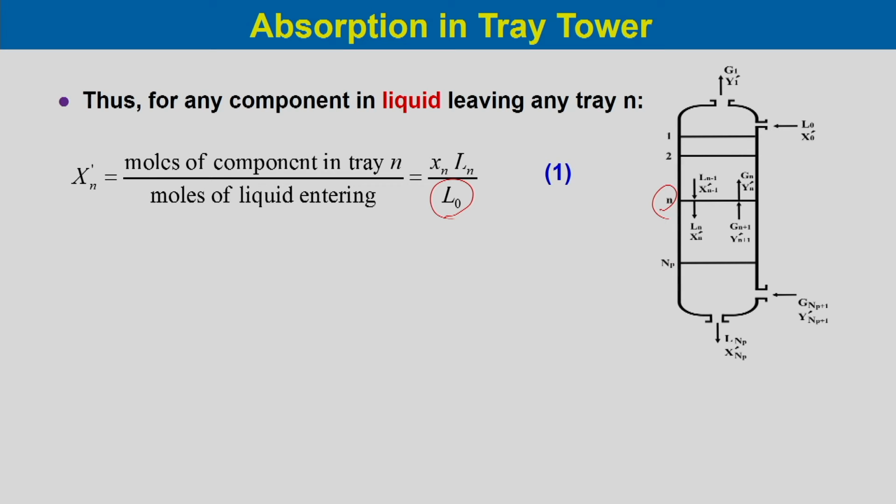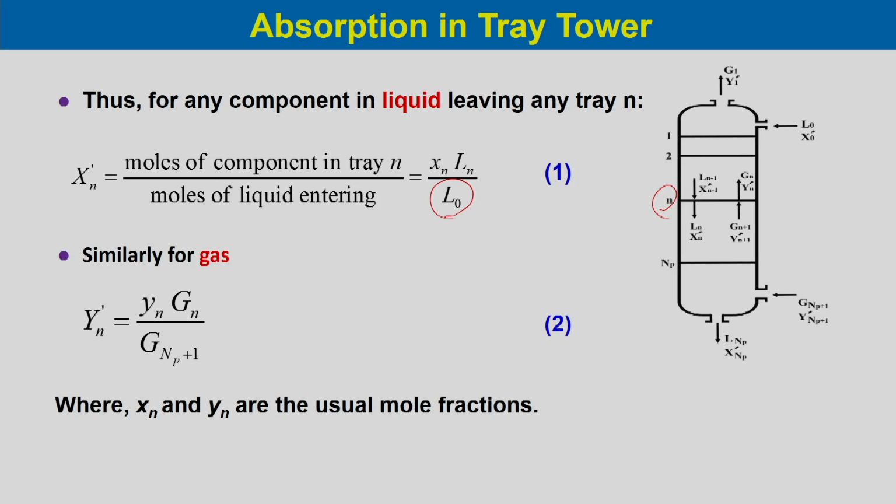So, this is x_n'. Similarly, for the gas, capital Y_n' would be equal to small y_n G_n divided by G_{n+1}. These x_n' and y_n' are defined based on the inlet flow rates, which are known for the liquid and the gas. Small x_n and small y_n are the usual mole fractions.